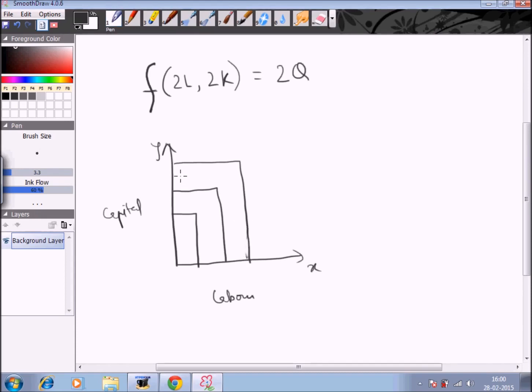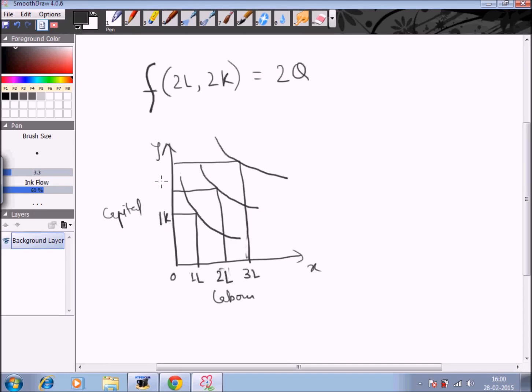By this combination of labor and capital, isoquant curve 1, 2 and 3. 1L, 2L and 3L.